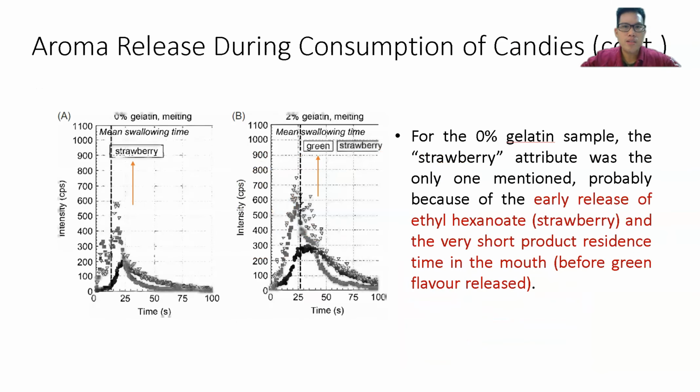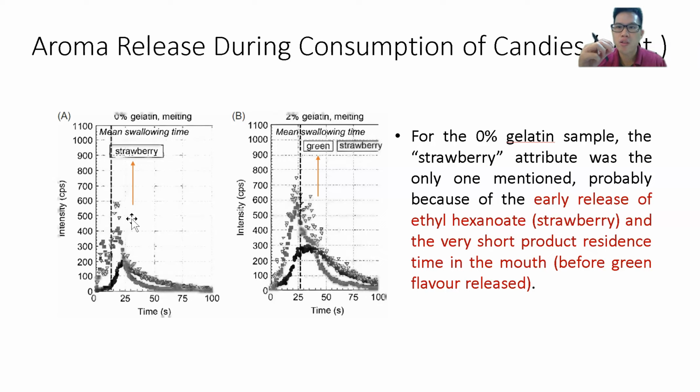Okay, let's look at the difference here. What they found is that at 0% gelatin, the strawberry flavor was the only one tasted. The other two flavors, the green and the butter flavor, could not be perceived.